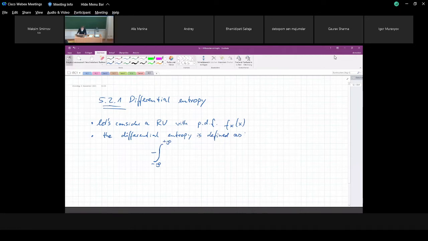And if the amplitudes extend from minus infinity to plus infinity of this random variable x, we still use this log2 of fx of x, weighted with the probability fx of x times dx. Okay, and of course we need this minus sign. And this is just the differential entropy.